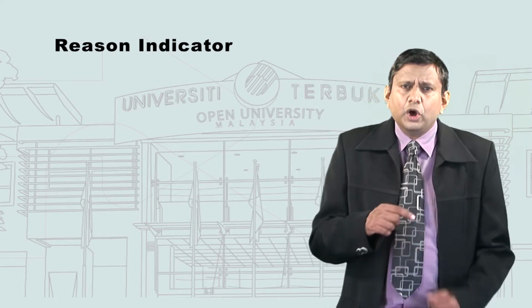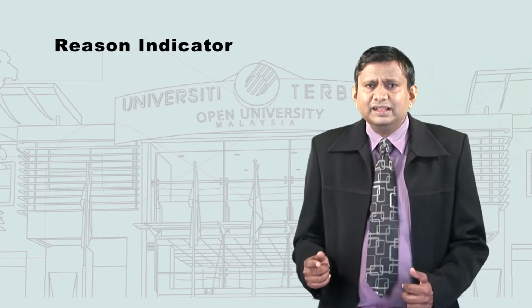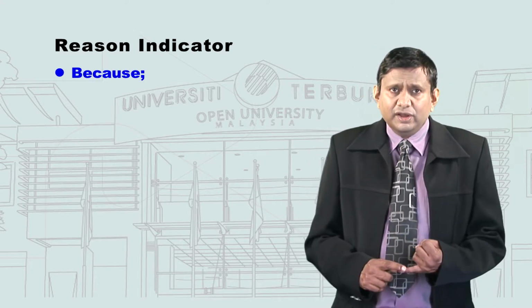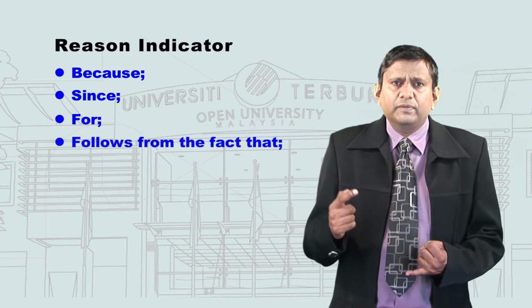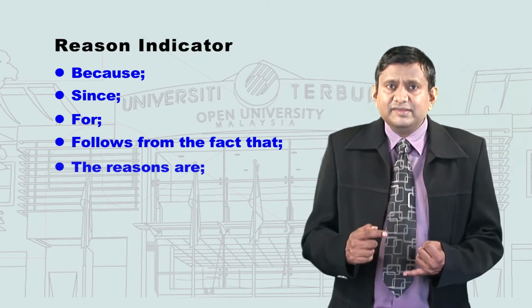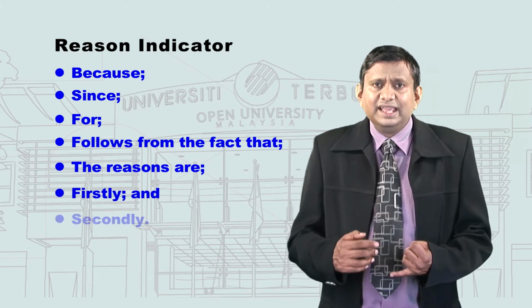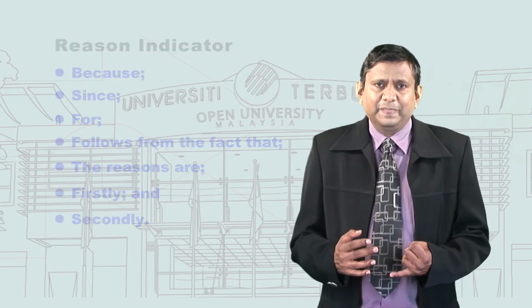On the other hand, reason indicators are commonly utilized to signal the presence of reasons, and they include because, since, for, follows from the fact that, the reasons are, firstly and secondly.